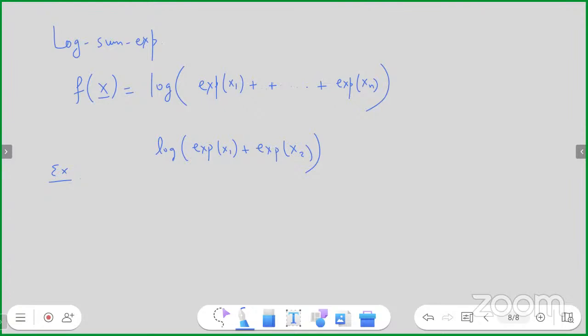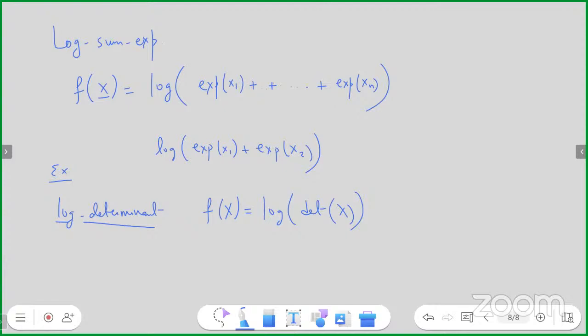Another important function is log determinant. So f of x is the logarithm of the determinant of x. Now, what domain should I look at for x? An n cross n matrix, yes, that is clear. But do I want to restrict it?